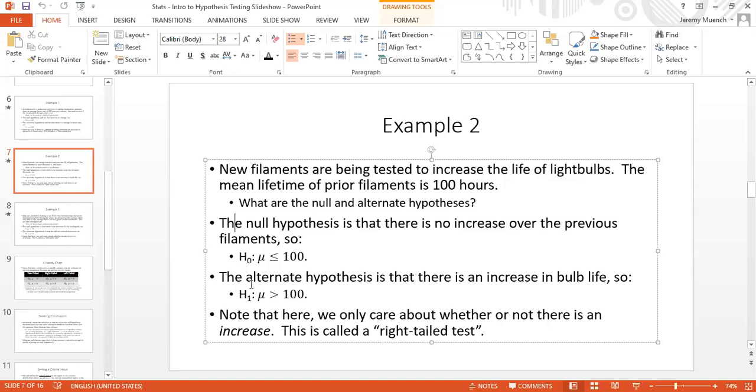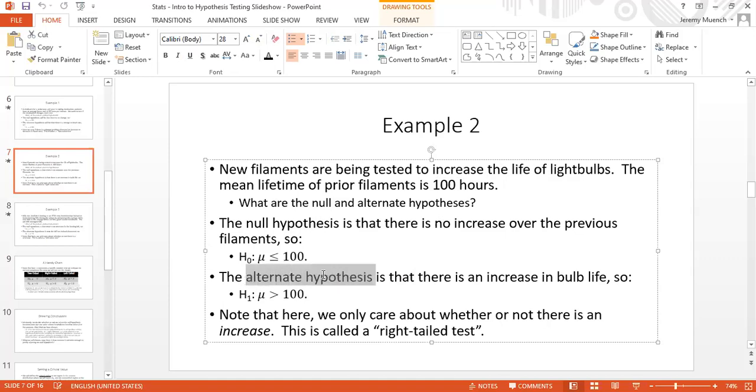The alternate hypothesis is the one we care about. This is the direction we're looking for, right? We wanted to see if the life of light bulbs increased, so we want to see if our new mean is noticeably above 100. And this would represent a rejection of the idea that the mean is not noticeably above 100.